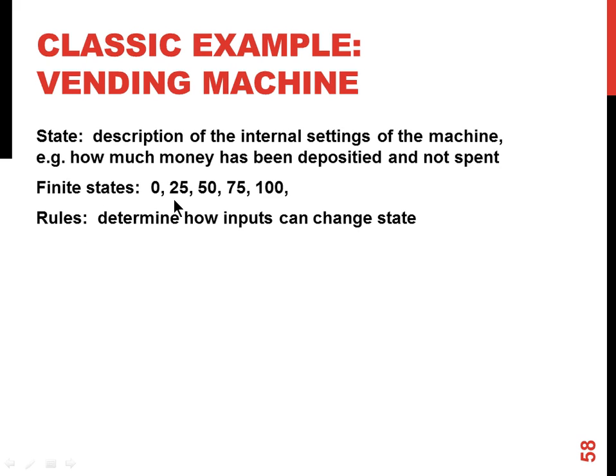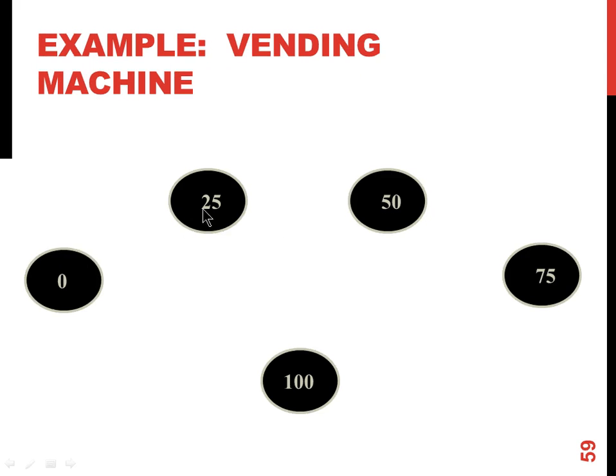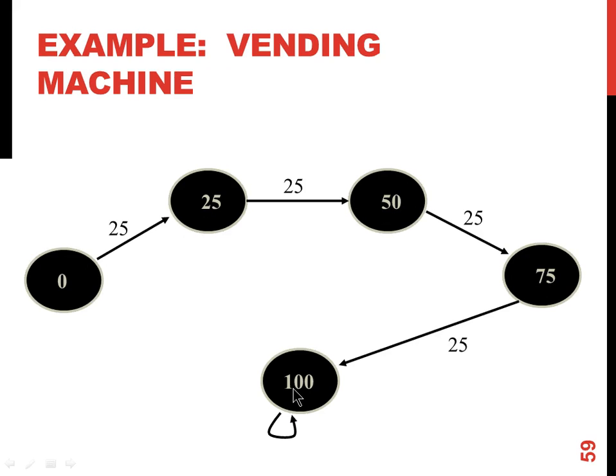These are the finite states that we can say if you want to implement this using the FSM. They are basically the currency values 0, 25, 50, 75 cents, and $1. Then determine how inputs can change states. So these are my states: 0, 25, 50, 75, 100 cents. From 0, I deposit 25 cents, I go to the 25 state.